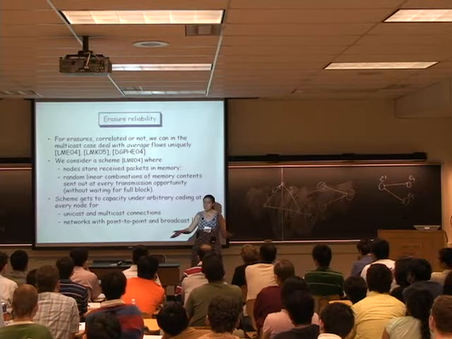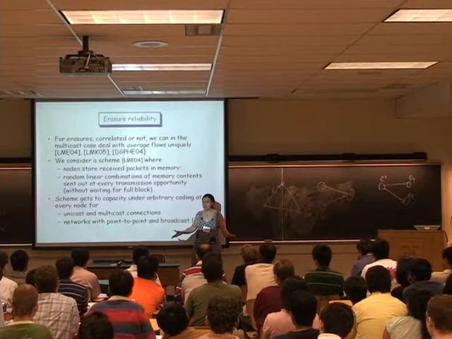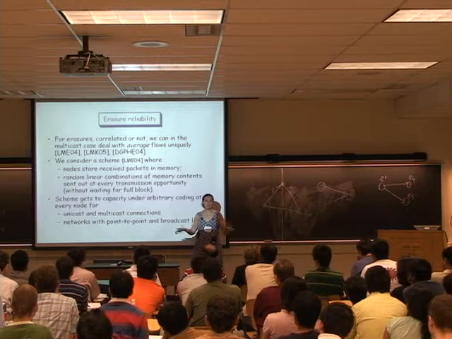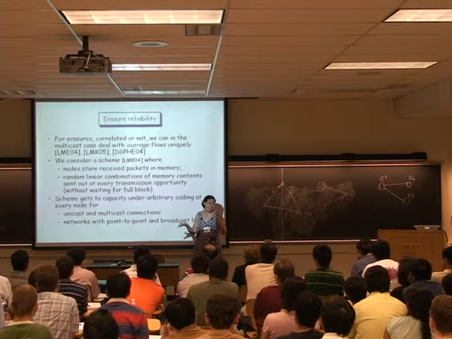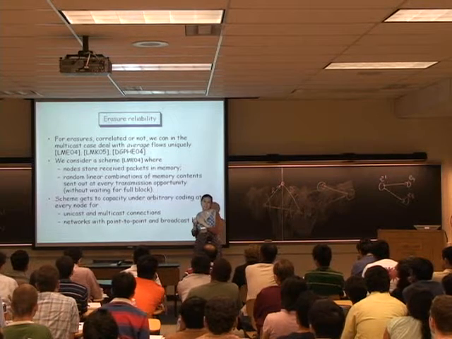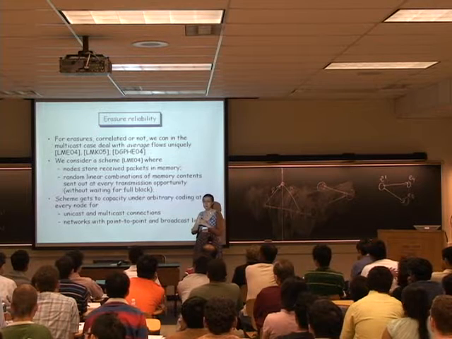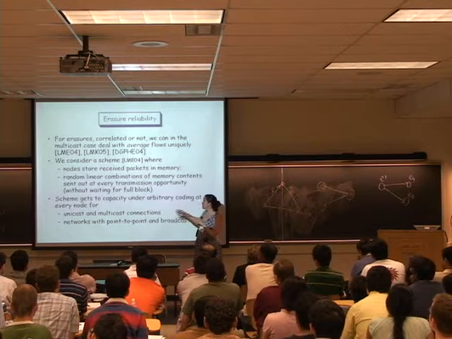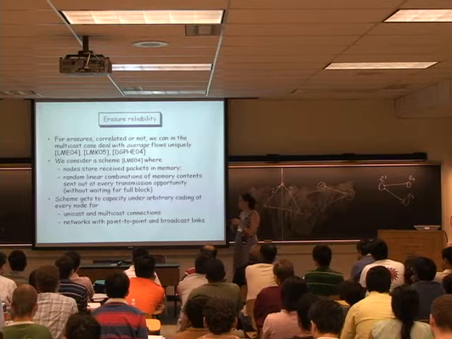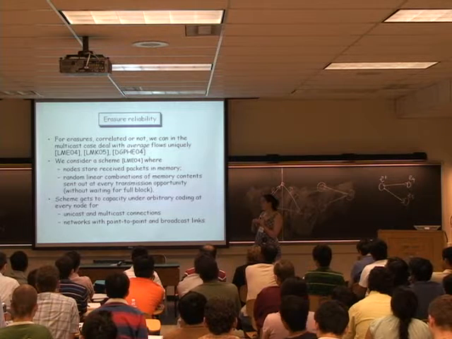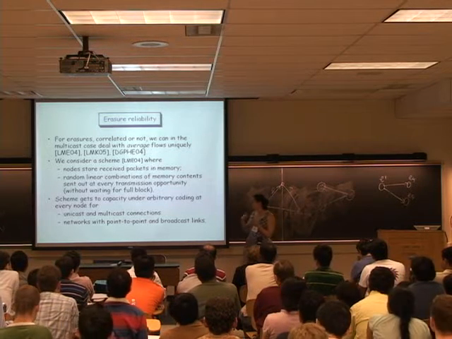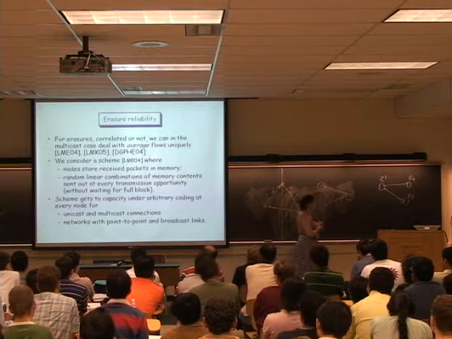I'm just sending whatever I got whenever I got it. In general, I might not even be able to decode it, since many nodes may be contributing. So the scheme gets to capacity with arbitrary coding at every node for unicast and multicast connections, and actually point-to-point and broadcast links.